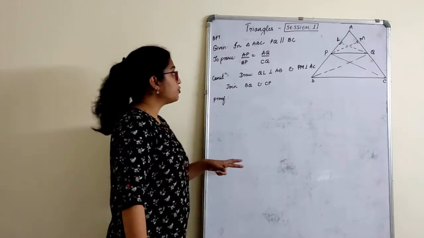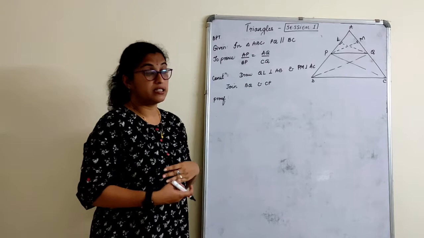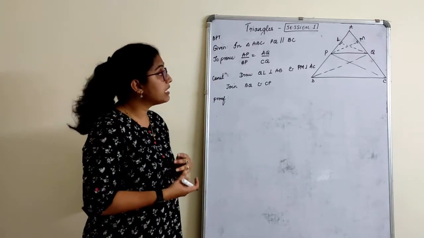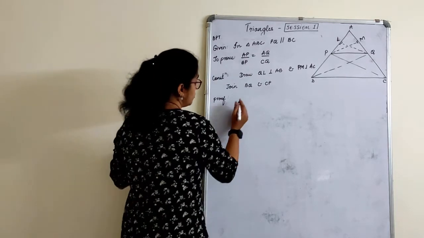So when we have to prove the ratio of the corresponding sides, we need to take the ratio of the areas of triangles.